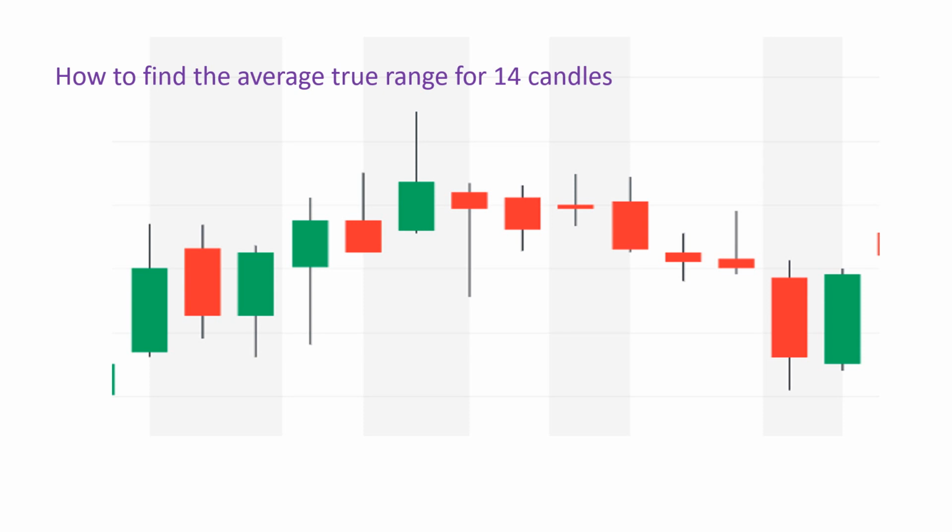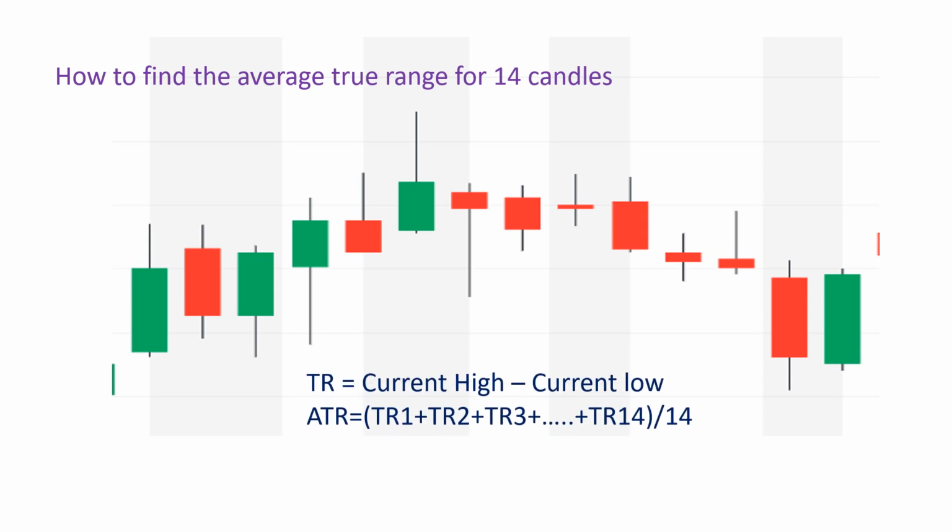First, we find the current high and the current low for all 14 candles. Second, calculate the true range for all 14 candles using this formula.